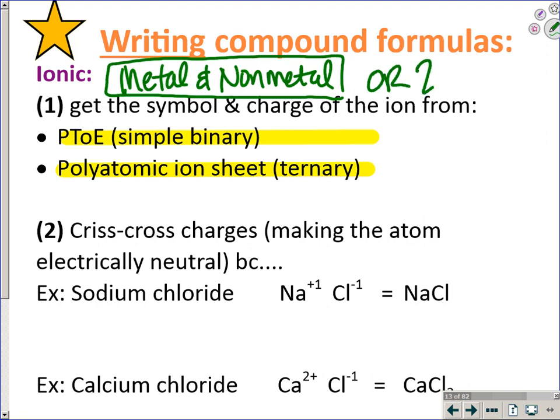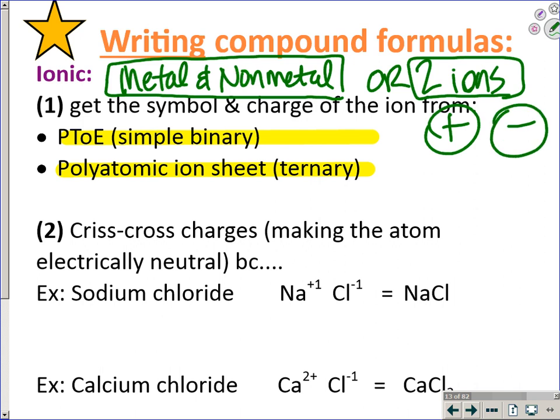Or, I'm just going to say two ions. Those are the only two ways you can make an ionic compound. Take a metal and a nonmetal, put them together, they make ions naturally. Or if I give you two separate ions, and one's a cation and one's an anion, they will come together to make an ionic compound.